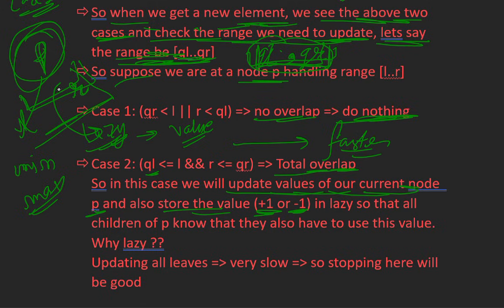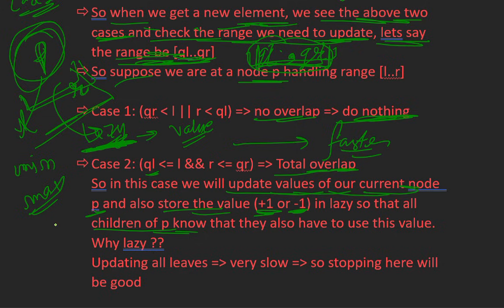Instead of updating the children at the current time, we store the value in a lazy variable of this node p, and we will update the children later instead of updating every time. So this makes our solution faster.